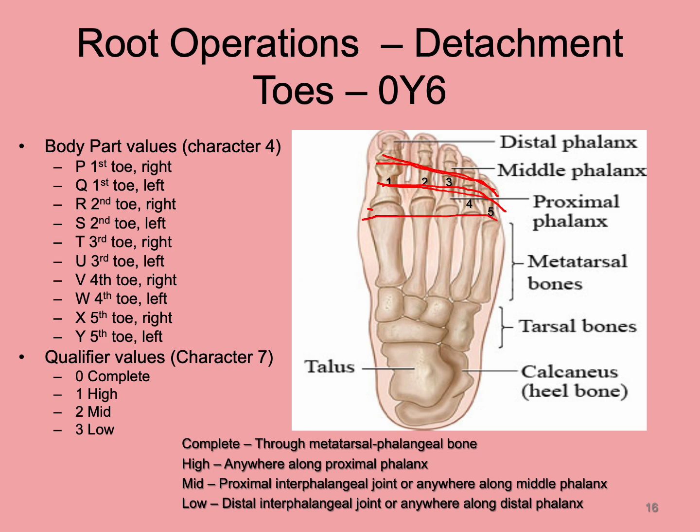So all of the toe, right? Complete is through the metatarsal phalangeal joints. So you have complete, high, mid, low. Distal, middle, proximal, and all of it. So again, you have the numbers beginning with 1 is the big toe.